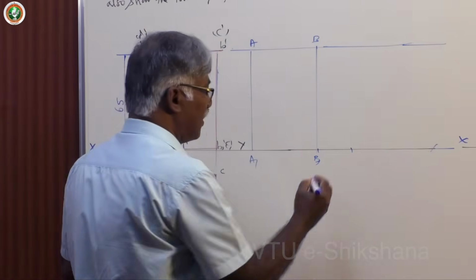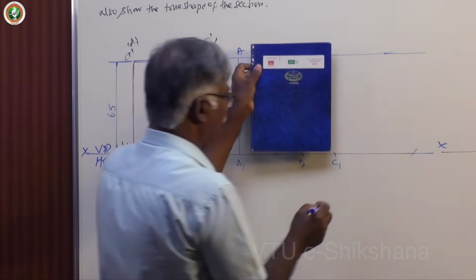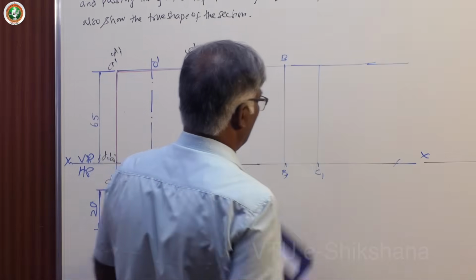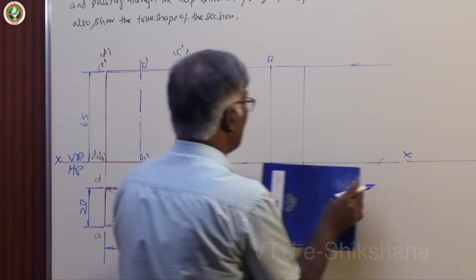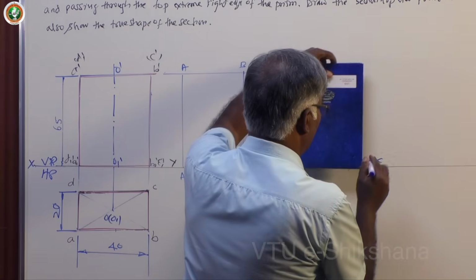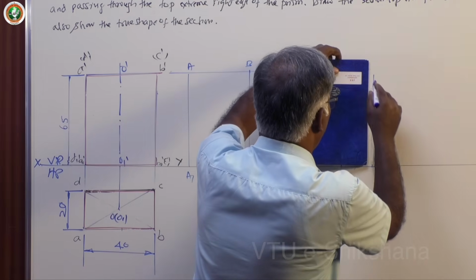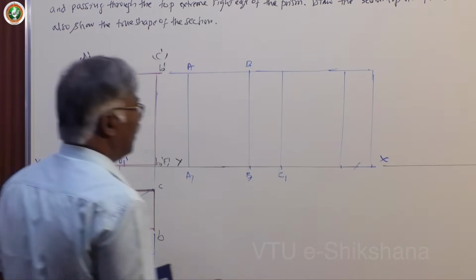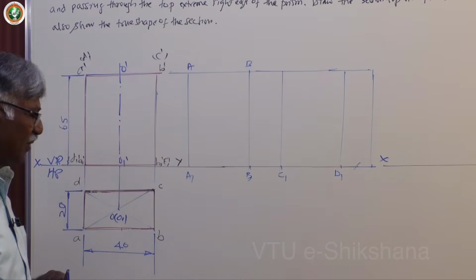This is C1. Alternately you get the longer side and smaller side. This one again, I have C1, D1, then one more point is left.